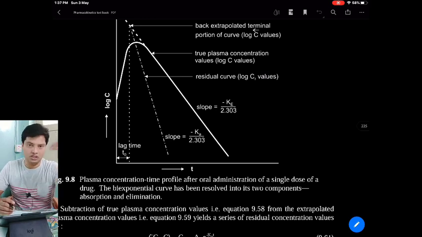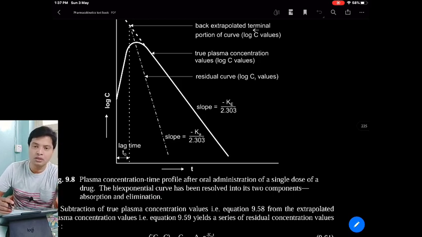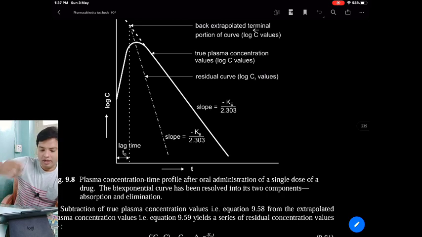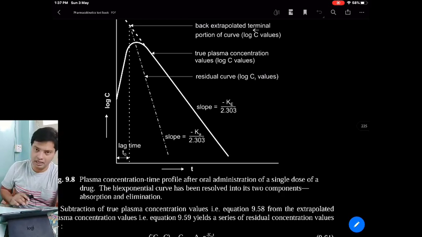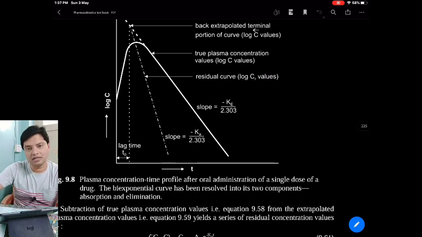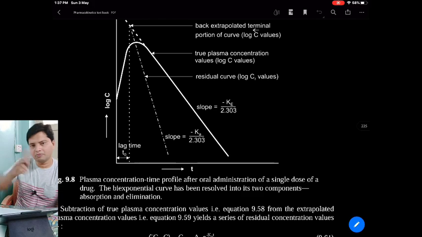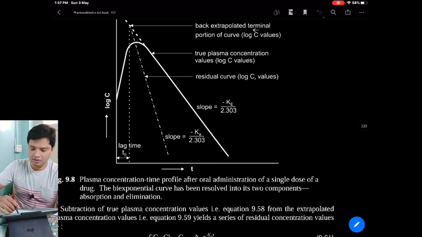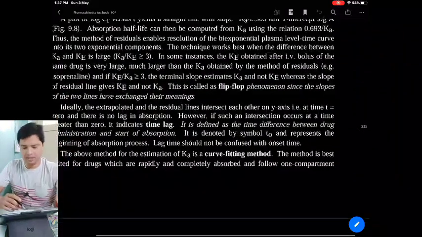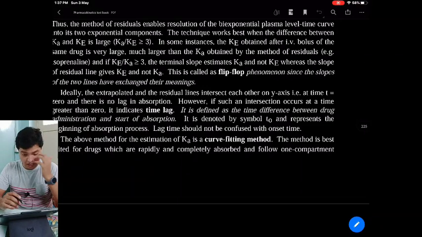If it is opposite, if Ka is less and the time taken for Ka is more and the time taken for Ke is less, then what happens? Whatever the residual graph is there, it will start giving the information about Ke, and whatever the elimination graph is there, it will start giving the information about Ka. So there is a flip-flop. That is what happens here, flip-flop phenomenon.